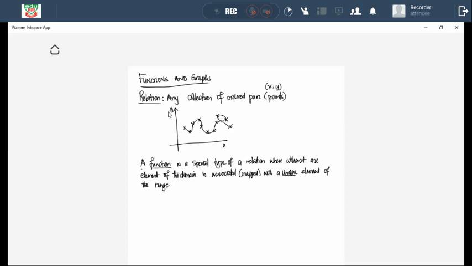Under relation, there is what we call a function. A function is a special type of a what? Of a relation, where at least one element of the domain is associated with a unique element of the range, but not vice versa. I'll come to that. So for now, let's just take it like that.